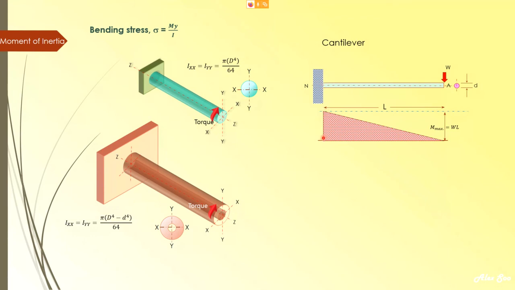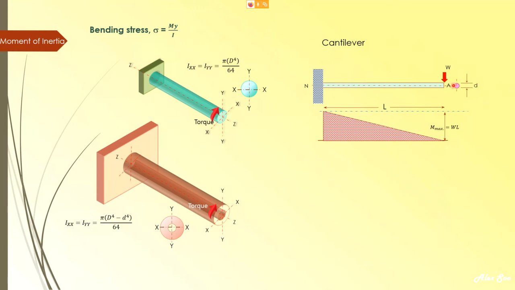So how are we going to measure the maximum bending moment? There is a standard formula for a cantilever with a point load acting at the free end. The maximum bending moment is equal to W times the length L. W should be in Newton, and the length should be in meter or mm, but usually we use meter.